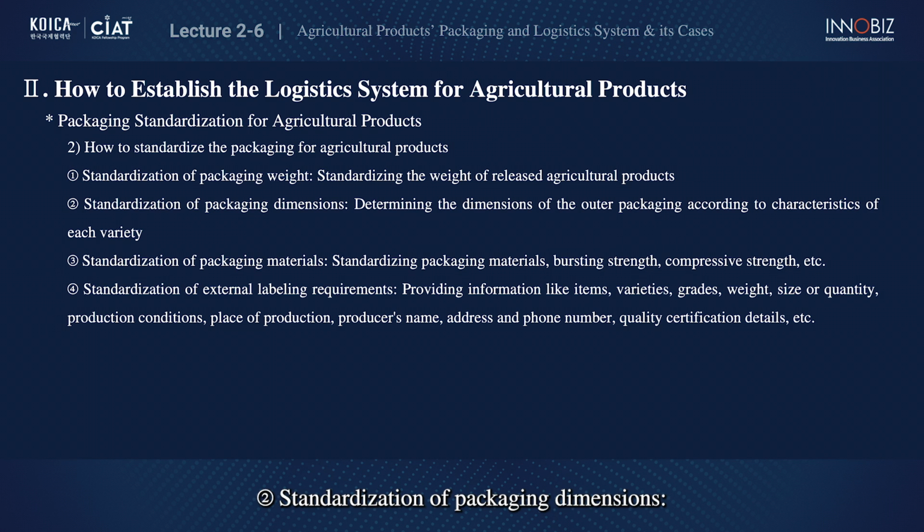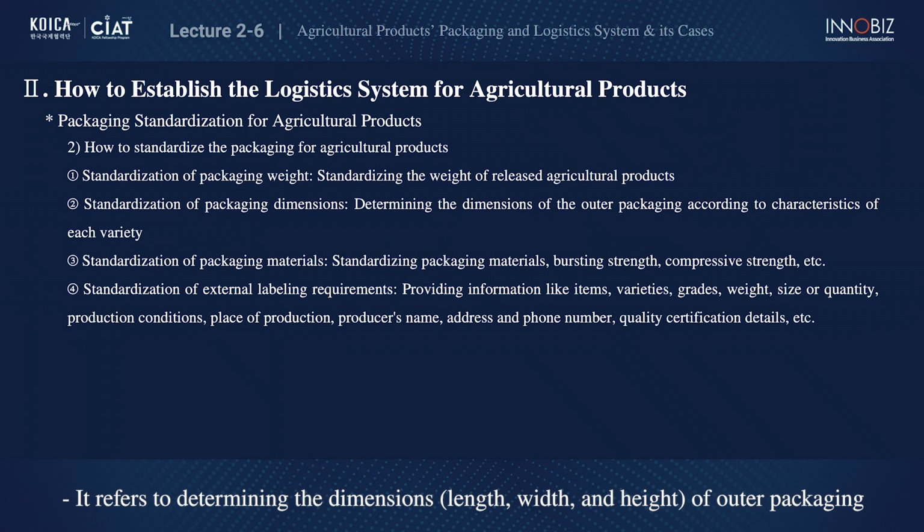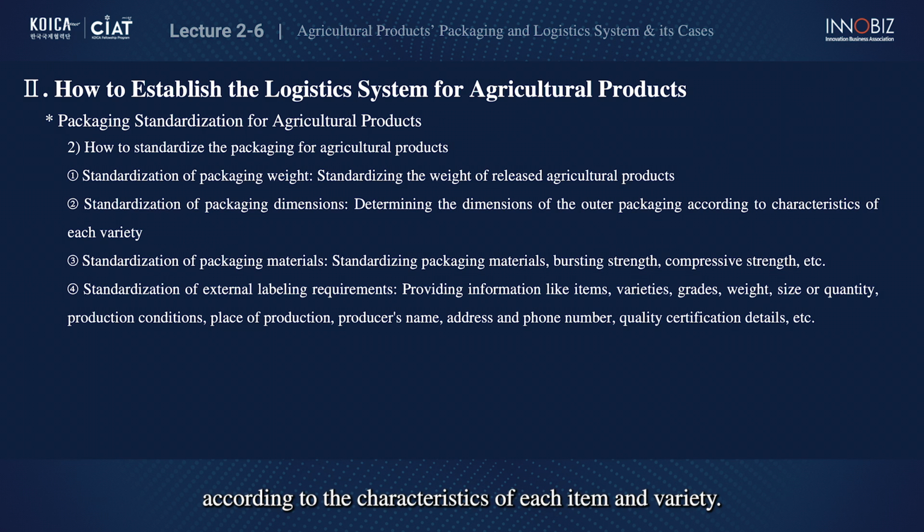Standardization of packaging dimensions refers to determining the dimensions of outer packaging according to the characteristics of each item and variety. Because agricultural products have different biological characteristics by item, and identical items may have different characteristics by variety, you need to develop separate standards per item, variety, and harvest period.